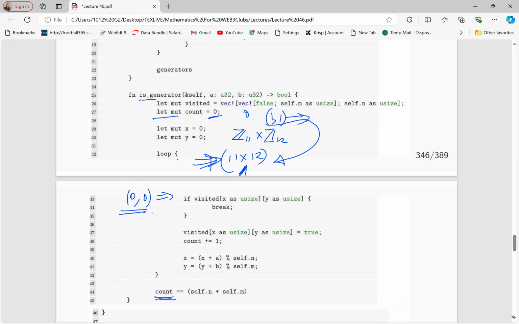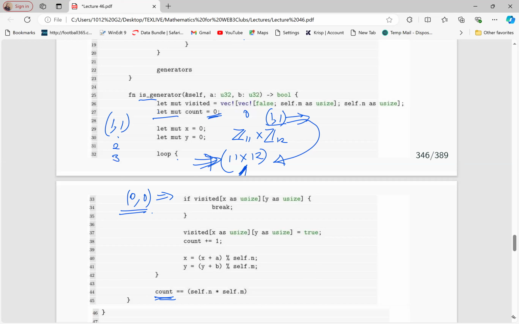So when 1, 1 comes, before 1, 1 comes, the count is 0. Now, when 1, 1 comes, it counts 1. Then it adds it to itself, and the count is 2. Adds to itself, the count is 3.